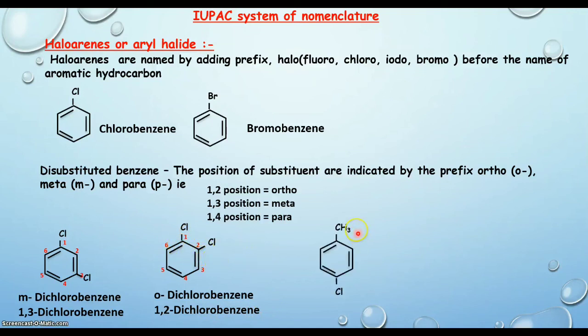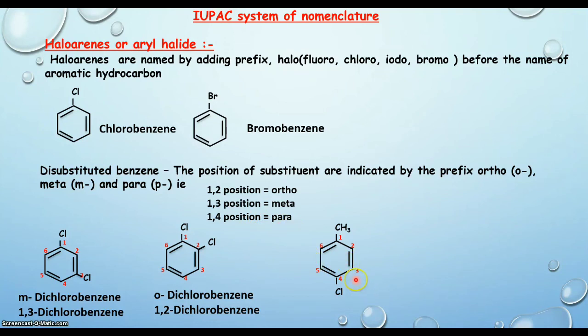In this example, methyl group and chlorine atom is present on the benzene ring. Let us understand the position of these groups. Methyl group is present on the first position and chlorine is present on the fourth position. So for the first and fourth position of the benzene ring, we have to use para prefix.